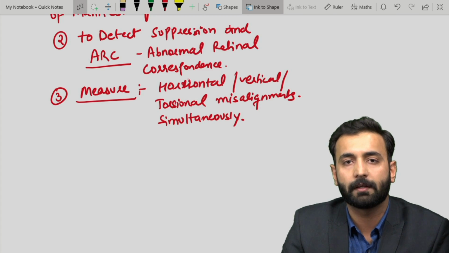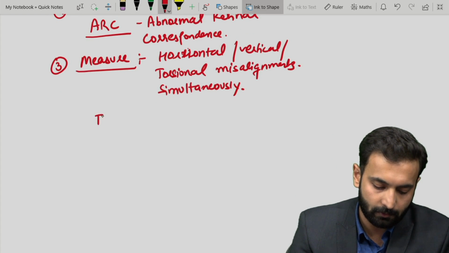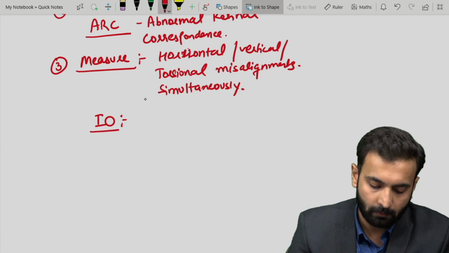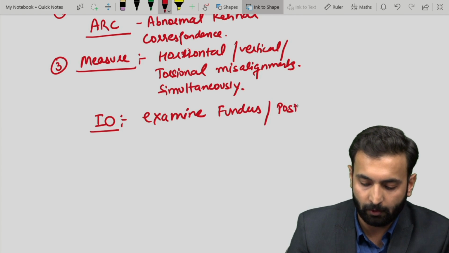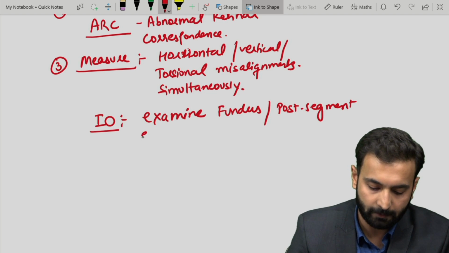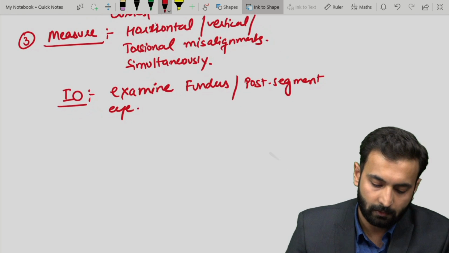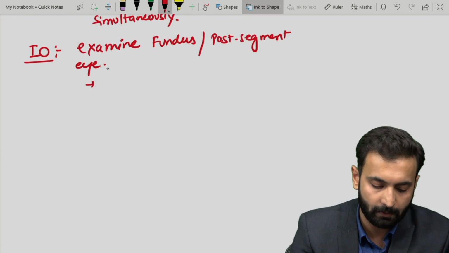Other option they have given is the indirect ophthalmoscopy. Indirect ophthalmoscopy is used to examine the fundus or the posterior segment of eye, and what type of image is formed in indirect ophthalmoscopy?